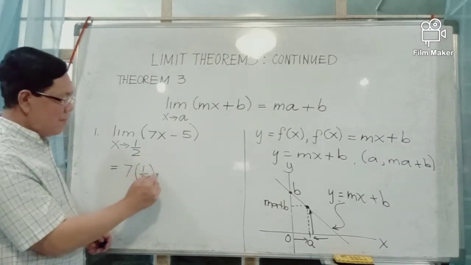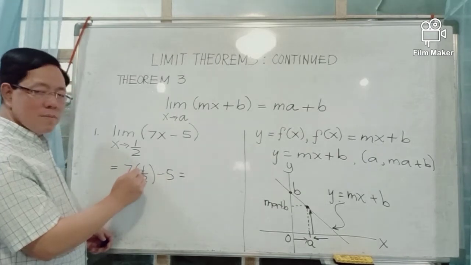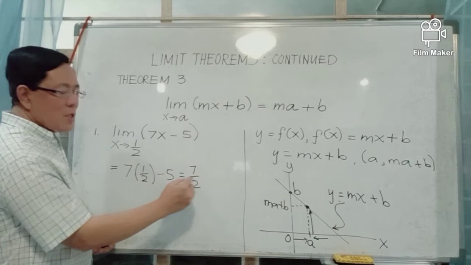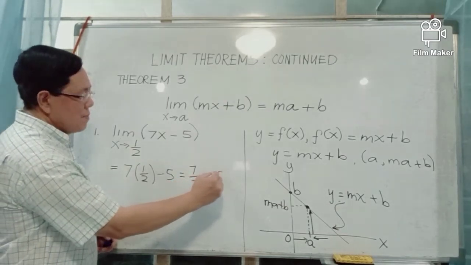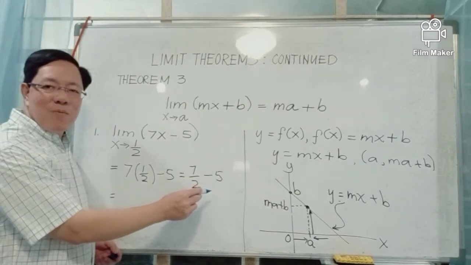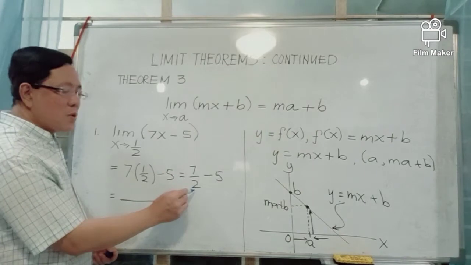minus 5 equals 7 times 1/2 is 7/2, or 7/2 minus 5. And the denominator of 5 is 1. And the LCD of 2 and 1 is 2.